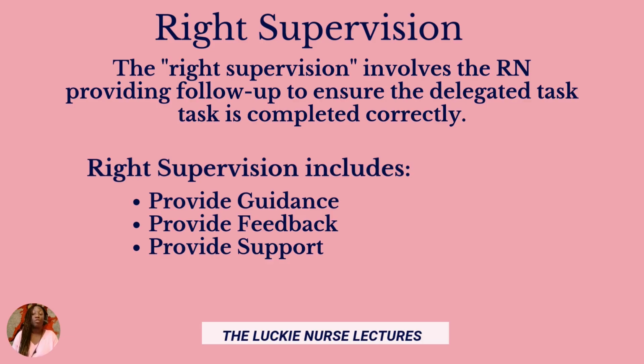So if something is done incorrectly by an LPN or a UAP and it has an adverse outcome for the patient, it's the RN who delegated that task who is ultimately responsible for the negative outcome. So if something bad happens with a task that you delegated to a CNA or a med tech, the person whose license is on the line at the end of the day would be yours, because that is your patient and you are the RN.